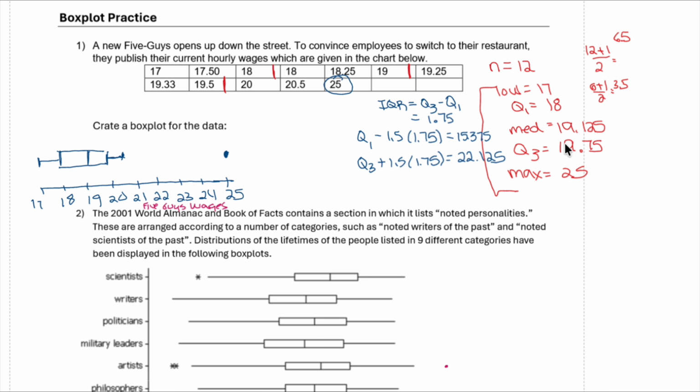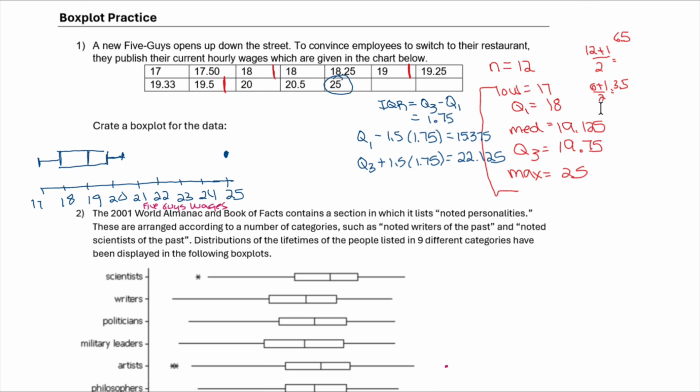The things we're left with are Q1 and Q3. Q1, just think about it, is in the 25th percent position of the whole data set. So just as we did with the median, instead of dividing by 2, we can divide by 4. Then we get that Q1 is between 18 and 18. So 18 plus 18 divided by 2 is still 18.